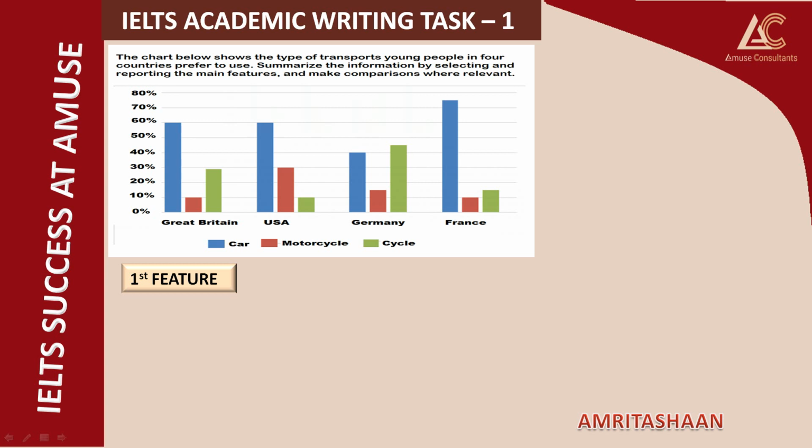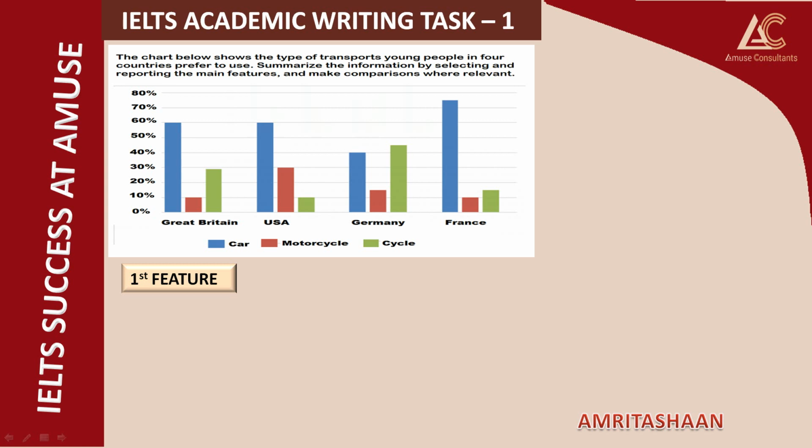Somewhere you are starting with percentage, somewhere you are starting with the modes of commuting, different modes of transportation, and if you are starting with the name of the country, that would be another, third, different type of sentence that you would be showing. So here we are going to talk about the highest and the lowest figure first of all.